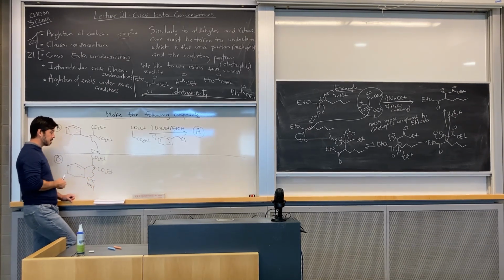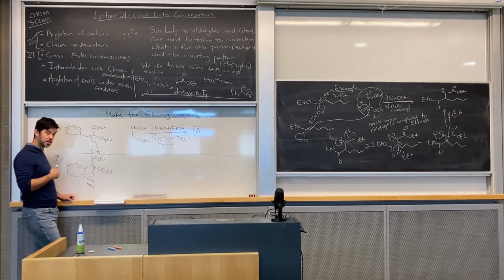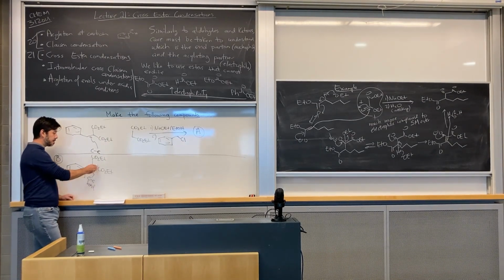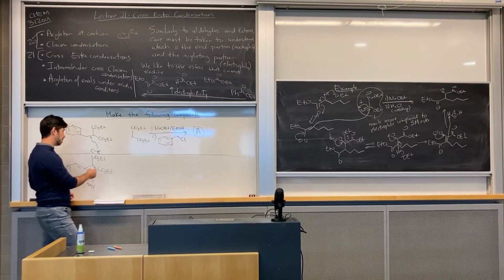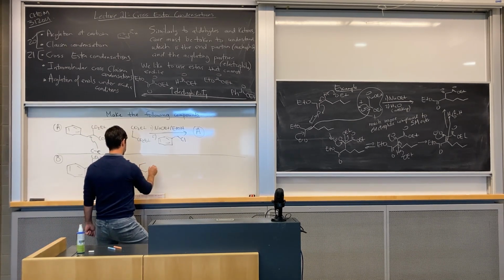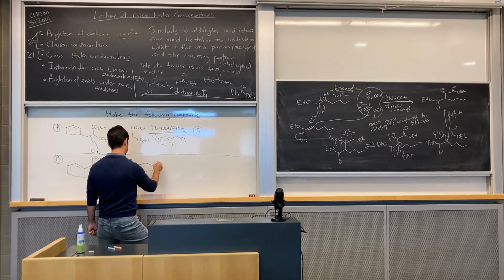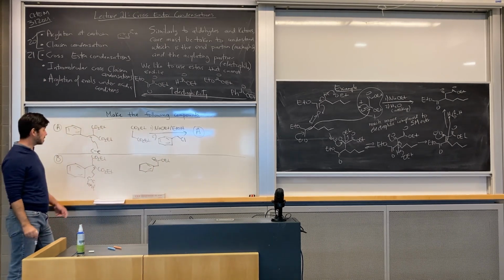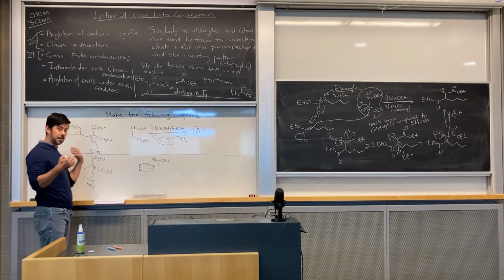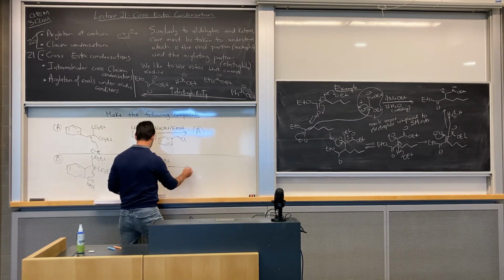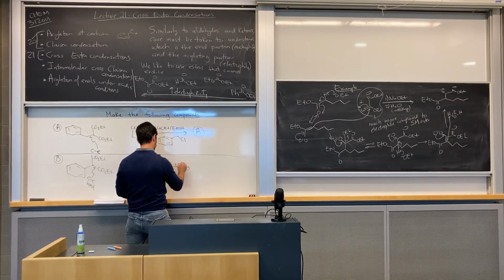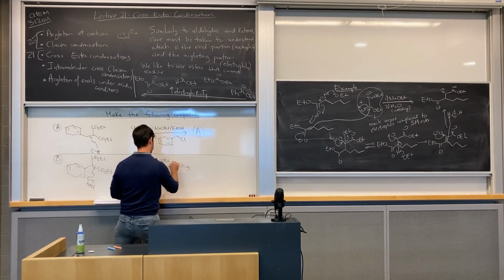So if that's the case, let's start with what the nucleophile is and what the electrophile is. If we cut this bond here, everything on top is going to be your nucleophile. So you can imagine that you're going to have this as your starting material, and then again we add a base in order for this to become an enolate.